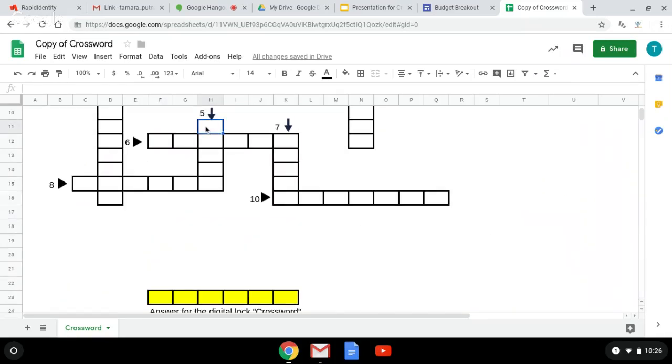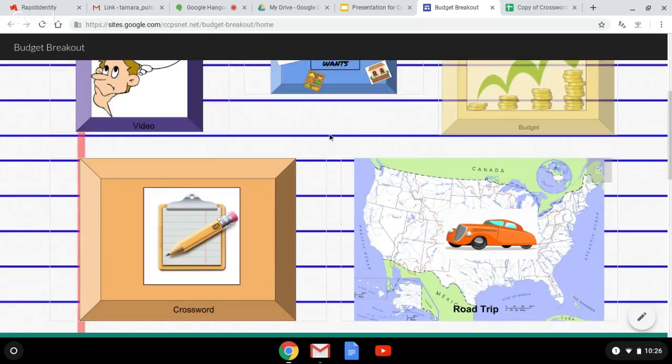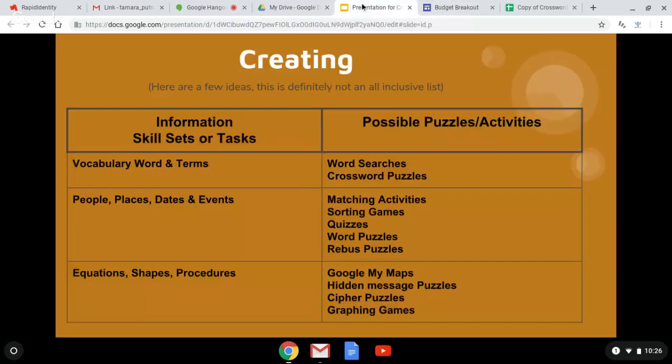And if we type it in, when they hit a block that has the information for their code, it will automatically populate down here. So when they have all their answers up there, they'll have their word, which they will put in to their digital lock on their Breakout site. So that's one that I like to use for vocabulary.